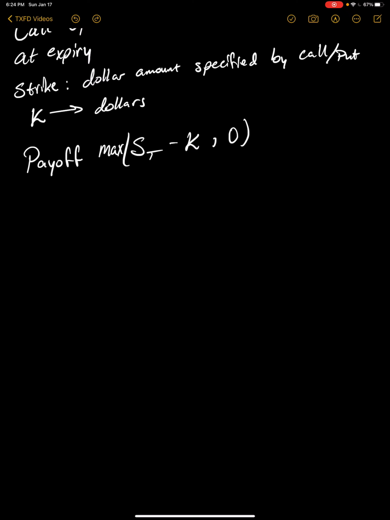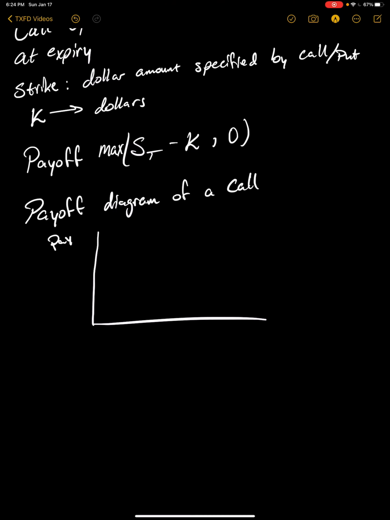If we exercise it, we will exercise it when the stock value is greater than K, and we just won't exercise it otherwise. So we can draw what's called the payoff diagram of a call. That's going to be the payoff on the y-axis as a function of the stock price at time t on the x-axis.